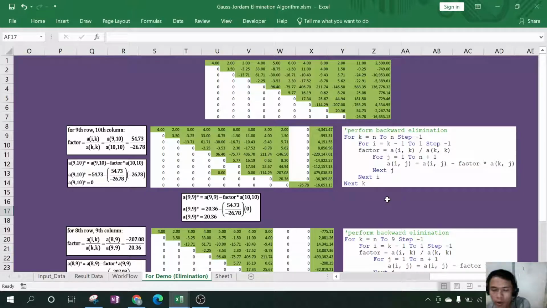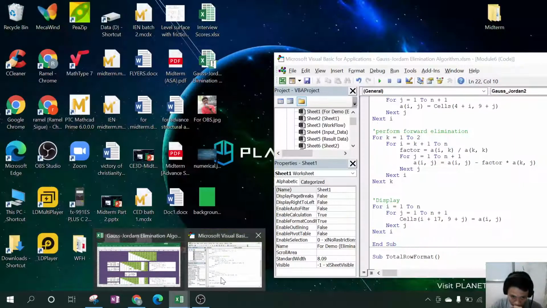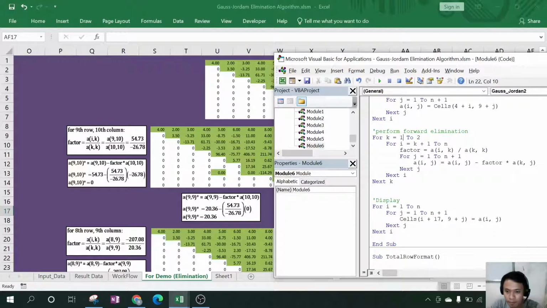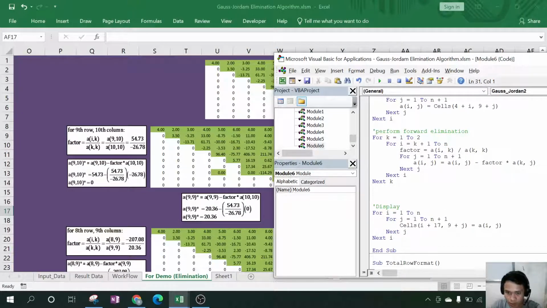Since it is backward elimination, we have to start from n up to 1. So here, as you can see, k is equal to n to n. This is the first one, but let's go to our code.